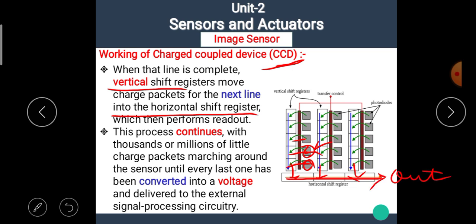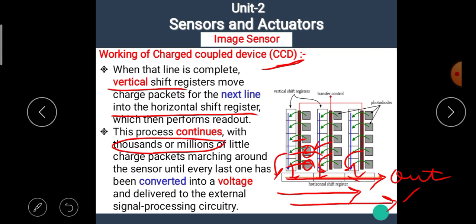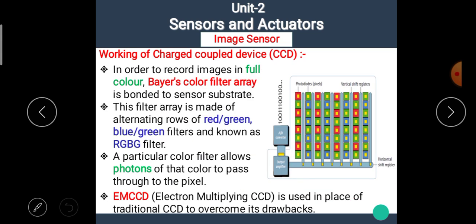When the transmission of the first line is completed, then the vertical shift register transmits the second line's bits towards the horizontal shift register, and then the second line is transmitted towards the output. This process continues thousands or millions of times. I hope you all understand the working of the charge coupled device.